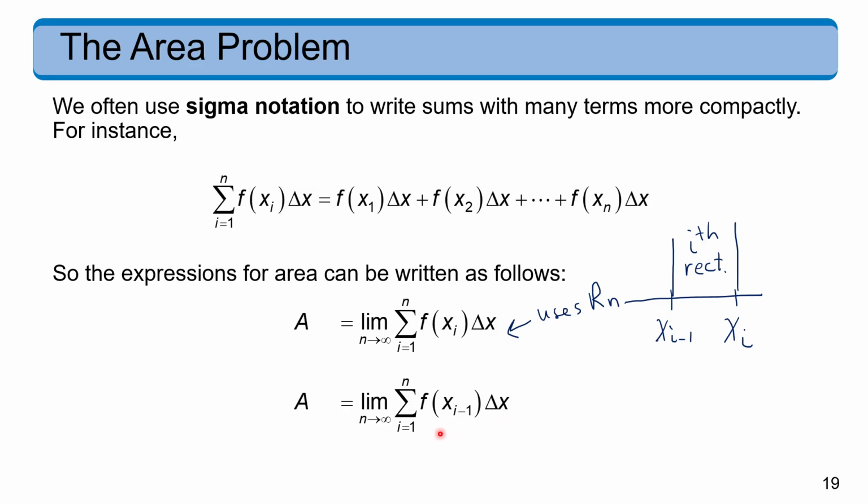We have n rectangles and we use the left endpoint to determine the height. Putting the limit in front of it now gives us the exact area. It's no longer an approximation. So this formula uses L sub n. Either one of these works, and the limit will give you the same value, and that value is the area that we're trying to find.